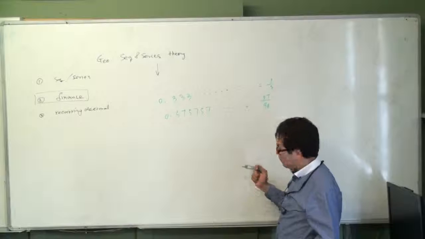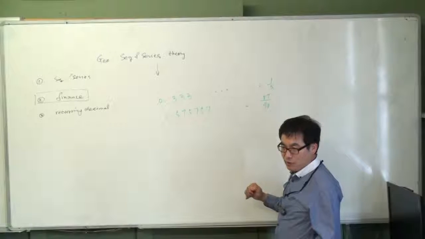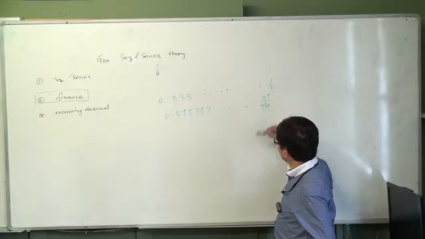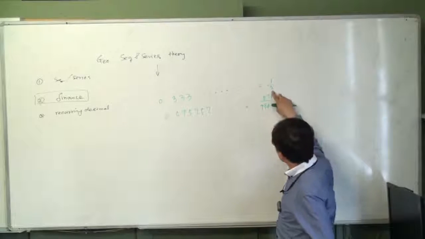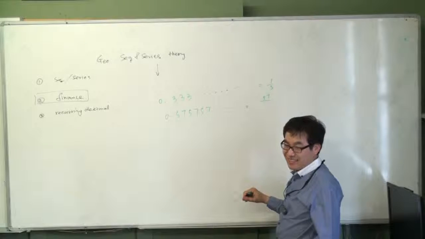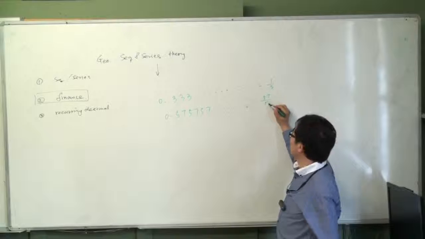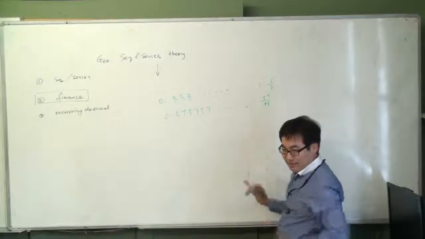No? Calculate, use the calculator and see how it goes. 57 divided by 90. Is that correct? No? What about this? No? Same. What is it? 57 over 99. Yeah, 99. So there is a certain pattern, isn't there?